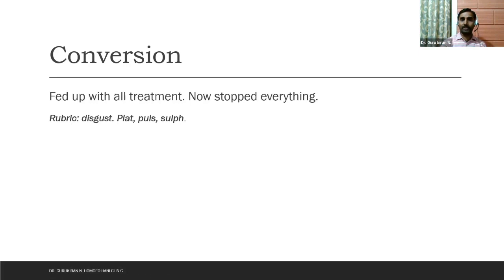And I have attempted to give the main remedies for this rubric. There are a lot of other remedies. Only the 3-mark and 4-mark remedies, which are in Kent and the Complete Repertory, I have attempted to show to you in these slides. So these are the main remedies which come to the rubric disgust: that is Platina, Pulsatilla, and Sulphur.